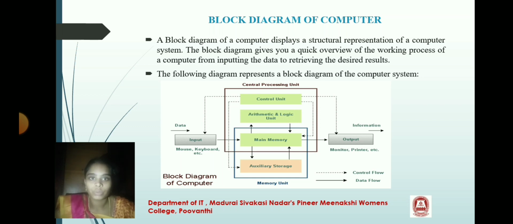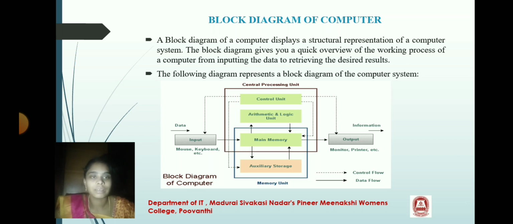Here in the input unit, we may have a lot of input devices like mouse, keyboard, etc. These are all the input devices we use to feed data into the computer system. After feeding the data, the input unit converts it into binary format, and that data is processed in the CPU.